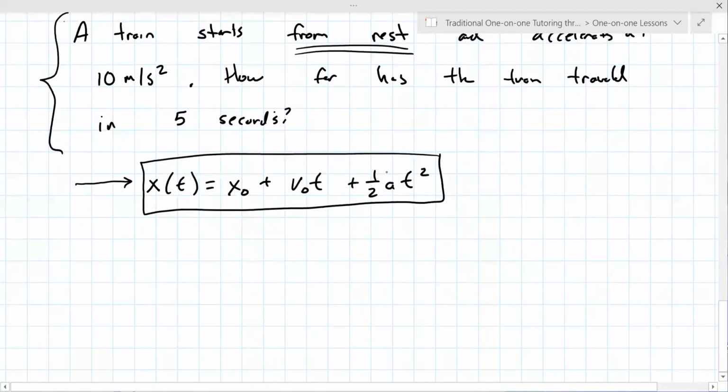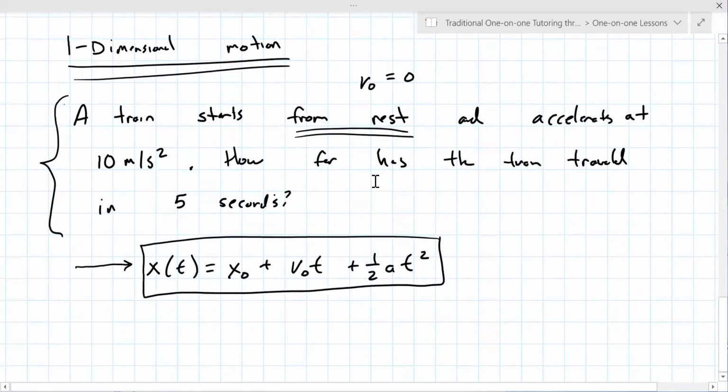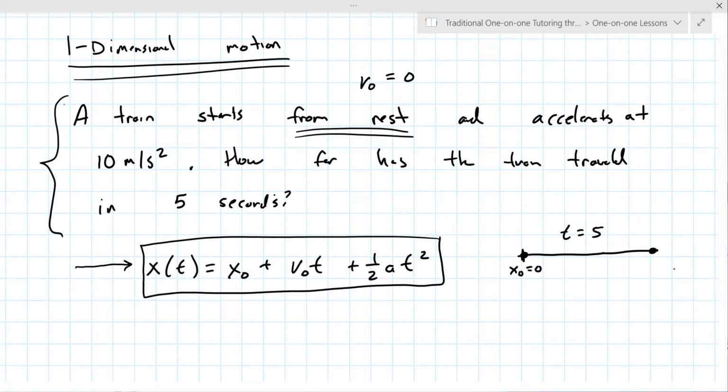Okay, so again, maybe a picture would help, but the train is starting here. That's your x0 equals 0, like you're starting there, and later on t equals 5, 5 seconds later, it's over here. Okay. All right, so we start plugging in numbers. x0 is 0 because it's starting at 0.